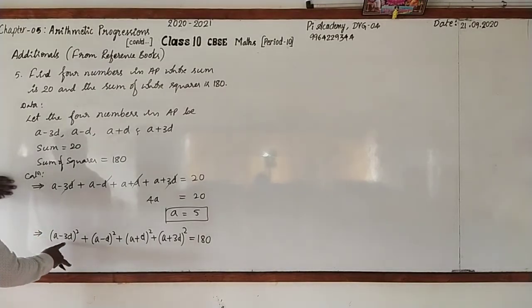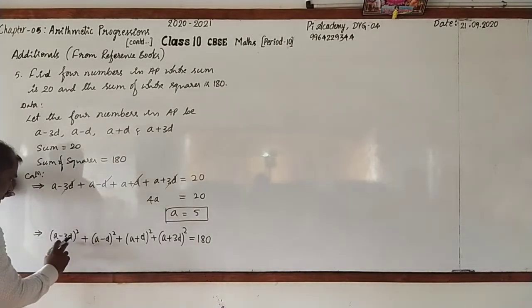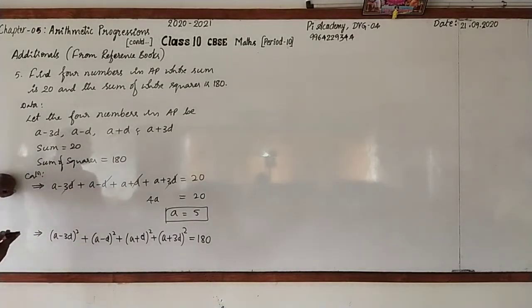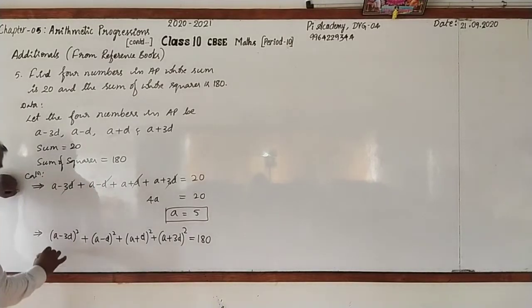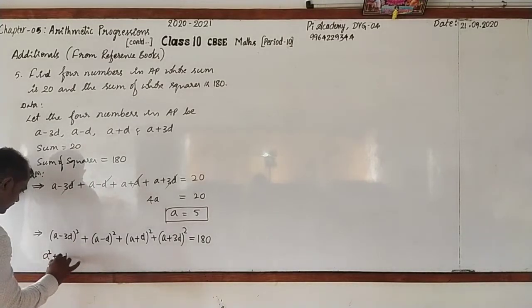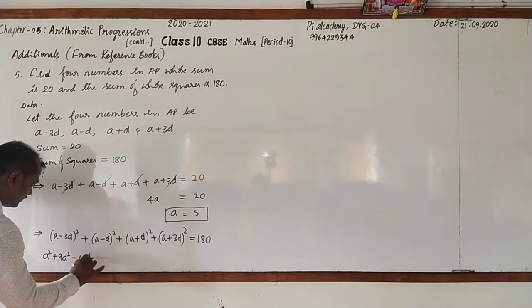Very simple. Each term is of the form A minus B whole square, and you can go for expanding them. A minus 3D whole square is A square plus 9D square minus 2 into 3, 6AD.